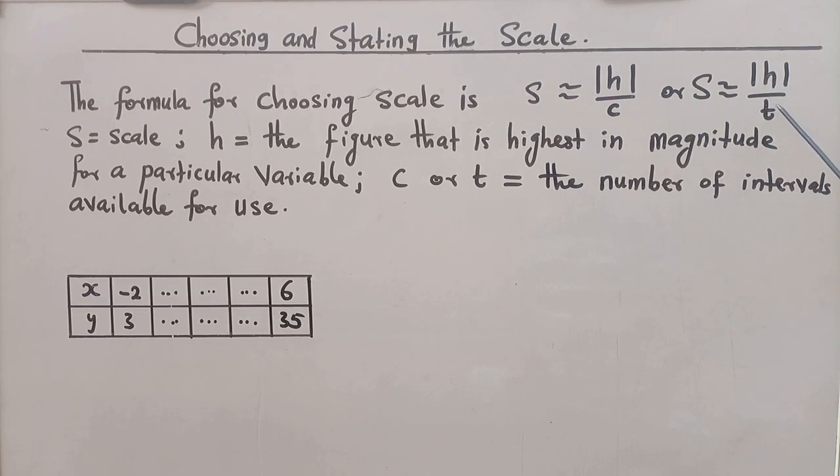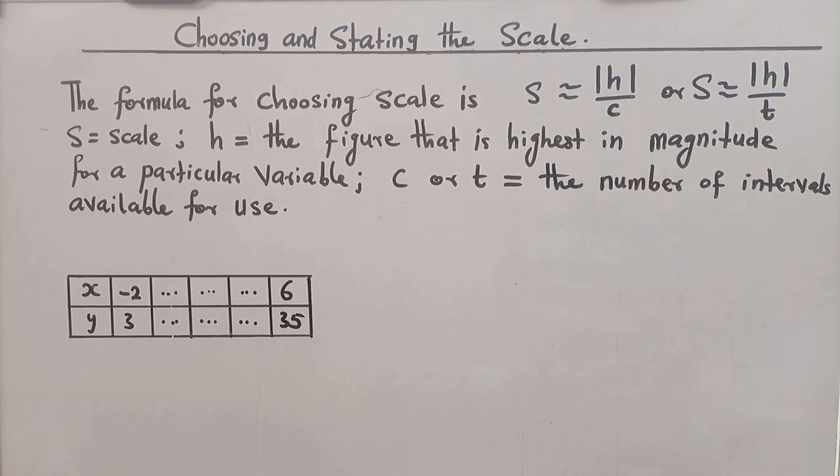What about this T? We say T is equal to number of intervals available for use. How do we know the number of intervals available for use? We recall that in every layout, in all basic layouts, there are 4 basic sub-axes.